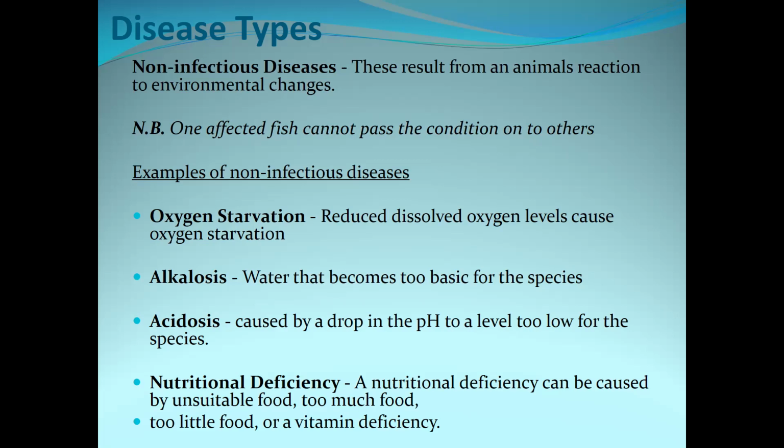Remember when we did pH for water quality, I told you that fishes require slightly alkaline water, a pH of around 8 something, between 8 to 9. Every aquatic species has its most optimum pH, but if the pH goes too high or too low, it could cause either alkalosis or acidosis.